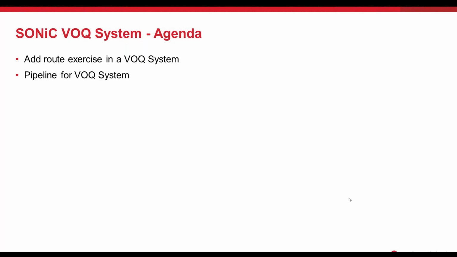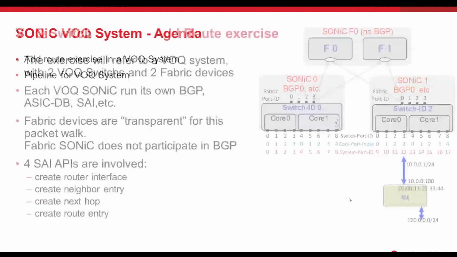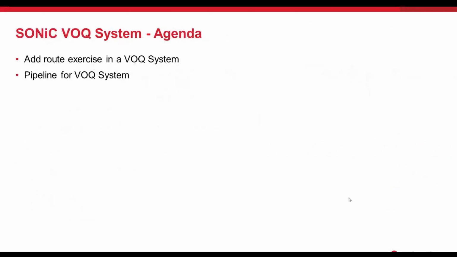I believe that if we go over the add route exercise and reach an agreement, then the pipeline will look very trivial once we have the understanding. Okay, so unless you want to jump to the pipeline, I would start with the add route exercise, if that's okay.